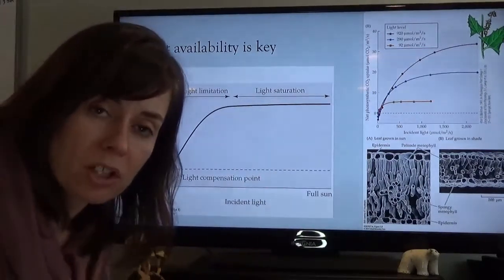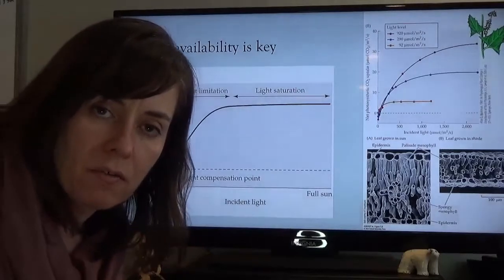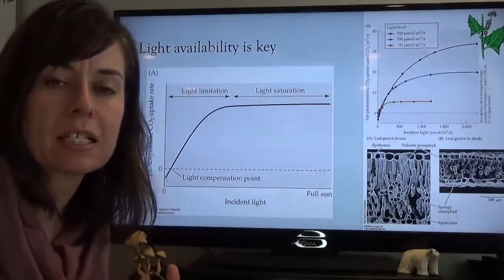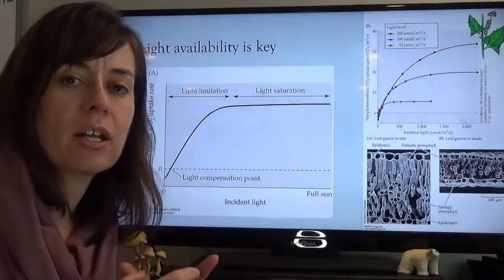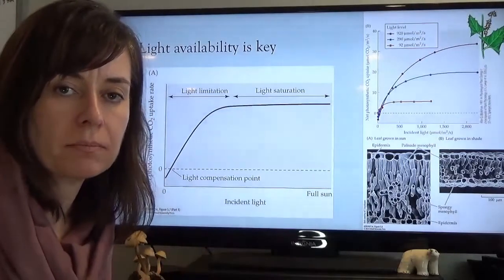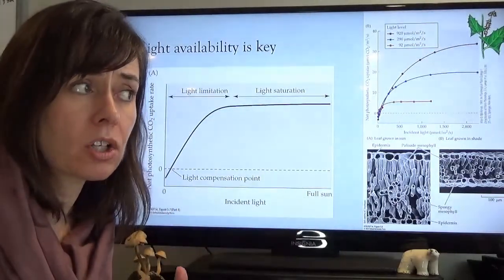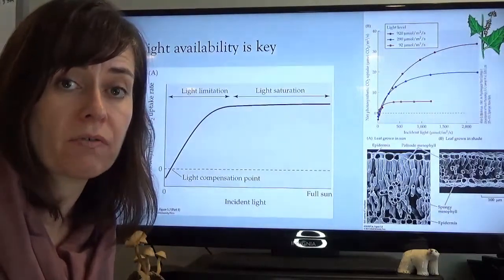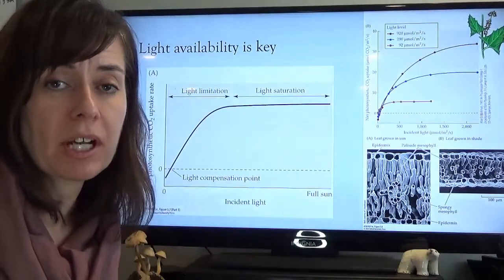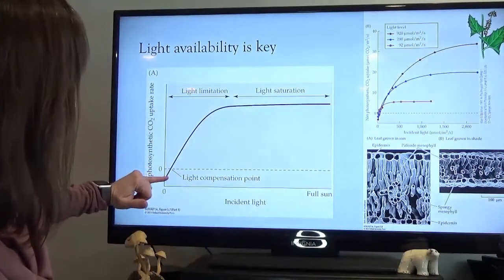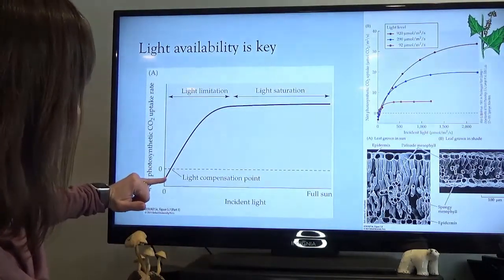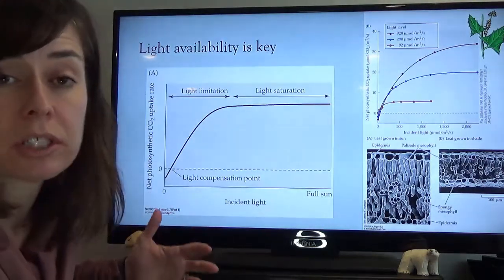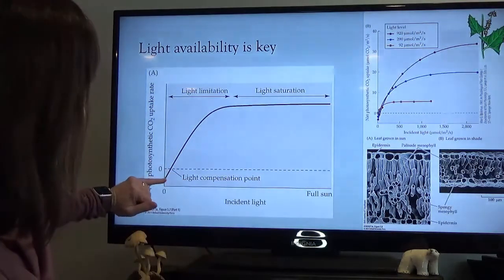It's consuming oxygen, using those oxidative pathways we talked about in the last lecture, to break down sugars and produce energy for cellular function, and that produces carbon dioxide. Carbon dioxide is released all the time, but it's most noticeable when your leaf is in darkness.